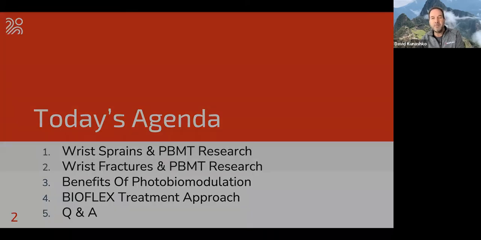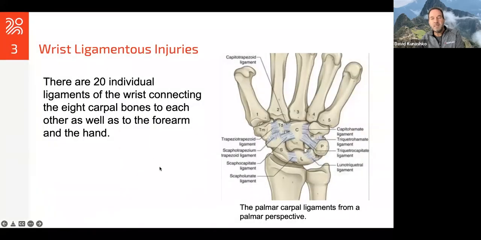So let's dig into a little bit about the anatomy. This is a review for everyone, I'm sure, but it's been a while maybe since you've looked at all the different ligaments. There are actually 20 ligaments in the wrist area, connecting carpal bones to carpal bones, or carpal bones to the radioulnar joint.